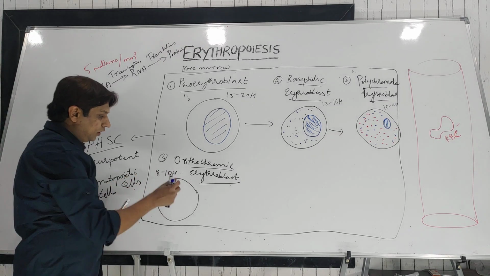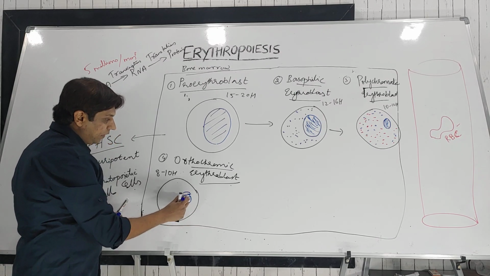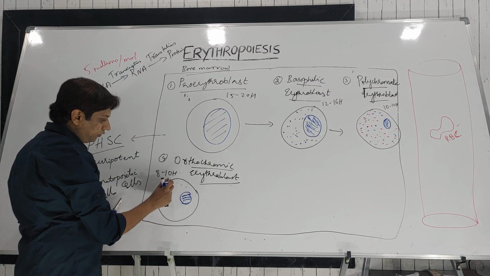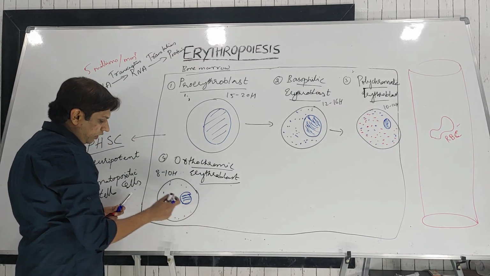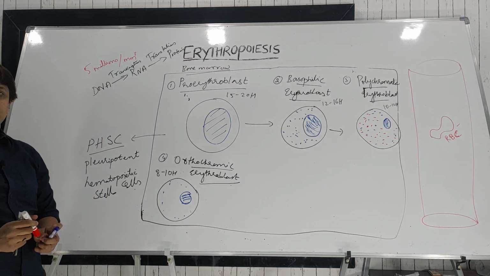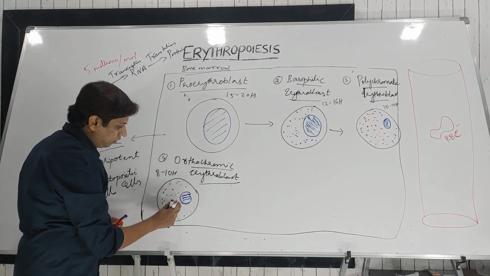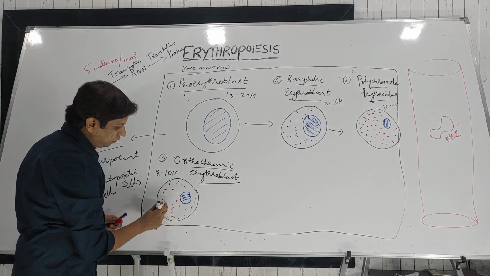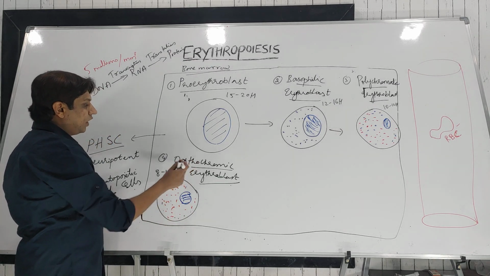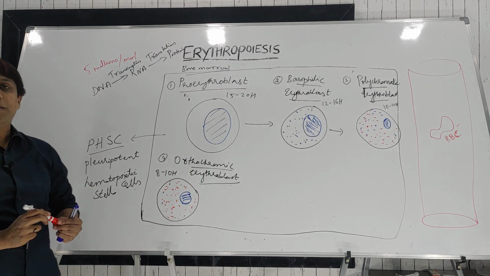The basophilic material, that is RNA and ribosomes, will be very minimal, and the majority of the cytoplasm will have a pinkish appearance because of the hemoglobin. So it is known as orthochromic erythroblast.